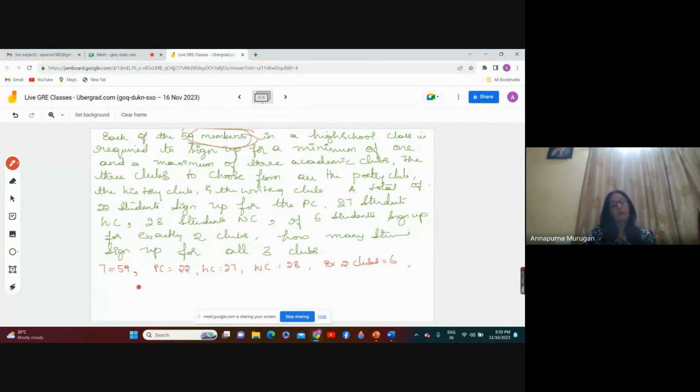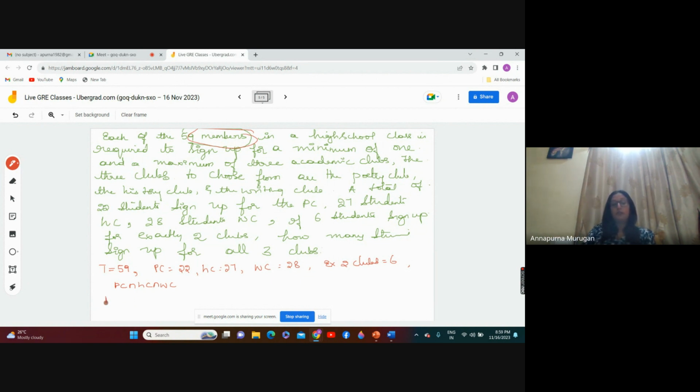Now what we need to find? We need to find students who are present in PC also, HC also, WC also, because they can enroll for three also. So what is the formula that we need to use? We need to use the second formula.